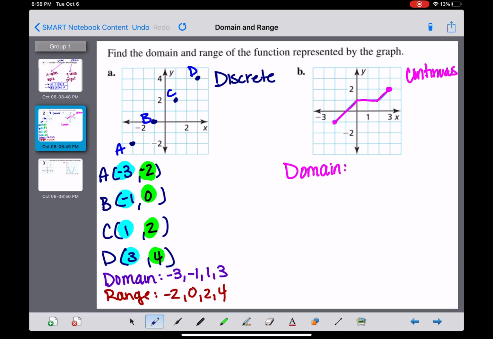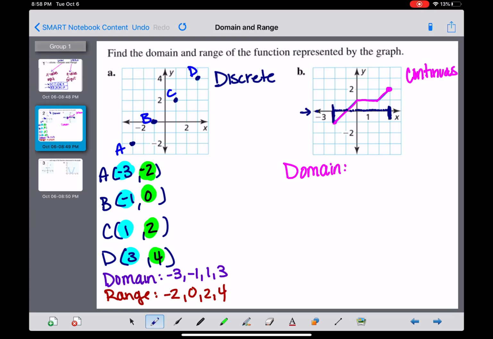So if I go as far left on the x-axis that I can, it hits at -2. And then I'm going to continue to the right until my graph stops, and my graph stops at 3. So that means there is an x value from -2 all the way to 3 and everywhere in between.